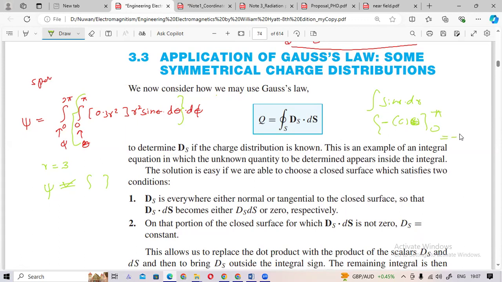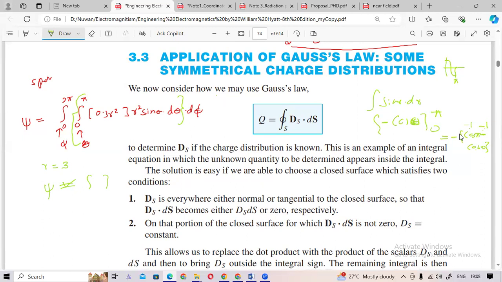If I apply minus cos 5 minus cos 0, cos 5 is minus 1, cos 0 is again 1. So minus minus 1 minus 1, it will be 2. If you integrate sine theta, you will get only 2.